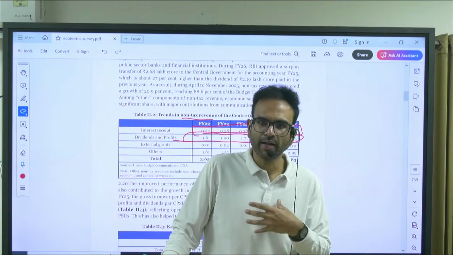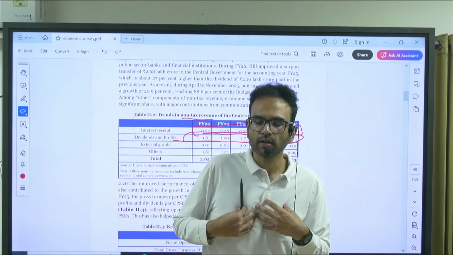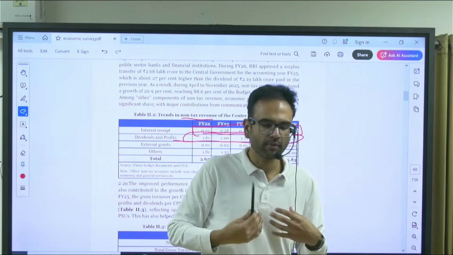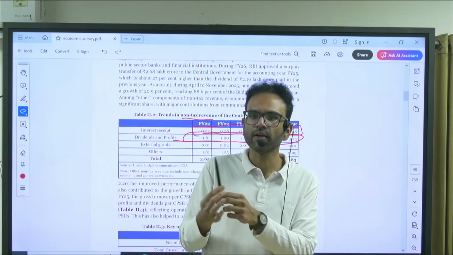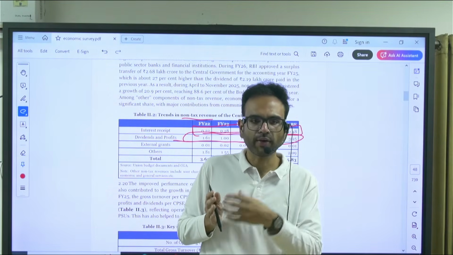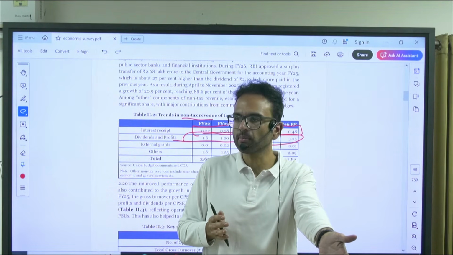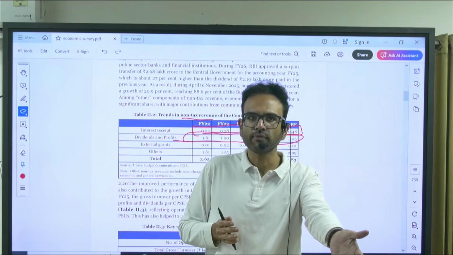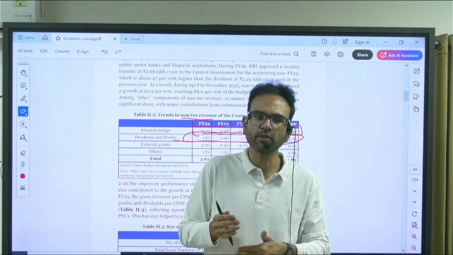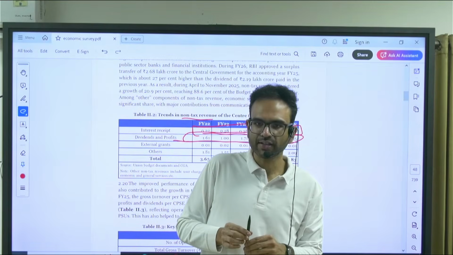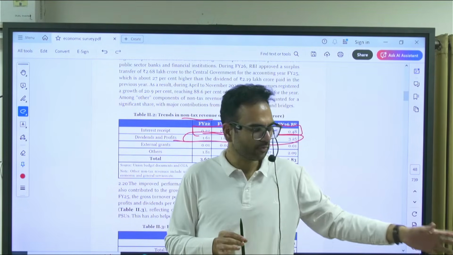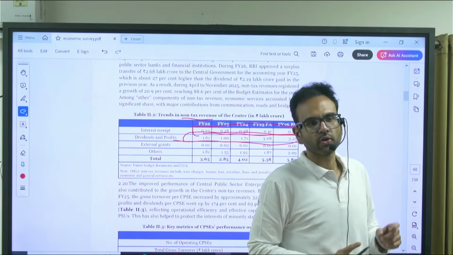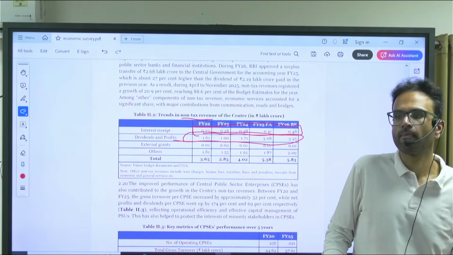Same thing when I took money from the market directly. This pen cost 10 rupees, and I only had 5 rupees. The rest 5 rupees I borrowed from the market and told them that, since you gave 5 rupees, you own 50% of this company. And as a result, the profit of 5 rupees is equally shared with those people also. That is called dividend.